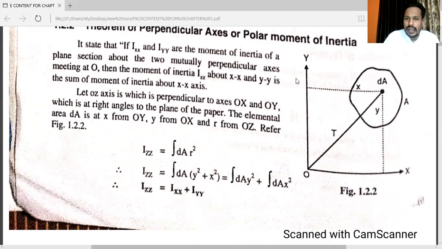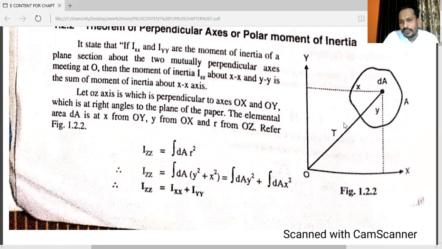OX and OY, these are the horizontal and vertical axis, mutually perpendicular, 90 degree, which is at right angles to the plane of the paper. The elemental area dA is at X from OY and Y from OX. And the new point that is very important, R distance is from OZ.